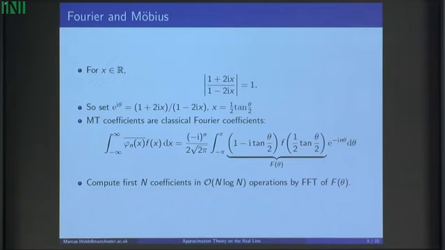So now, the first comment is what's really interesting about this basis. If you have x being real, then this quantity up here obviously has absolute value 1. So it suggests a change of variables, e to the i theta equals that quotient, and then there's an easy to compute inverse transform, x equals a half tan theta over 2.